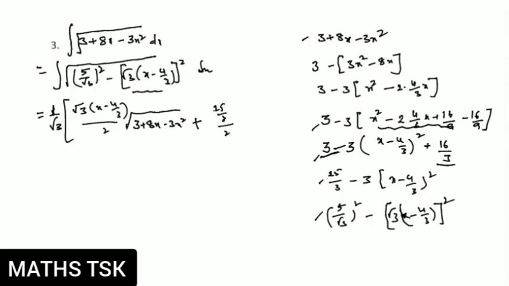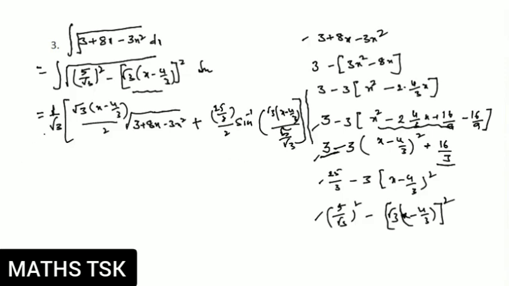A square by 2 sine inverse of x by a. What is sine inverse of x by a? X value is root 3 into x minus 4 by 3. A is 5 by root 3.